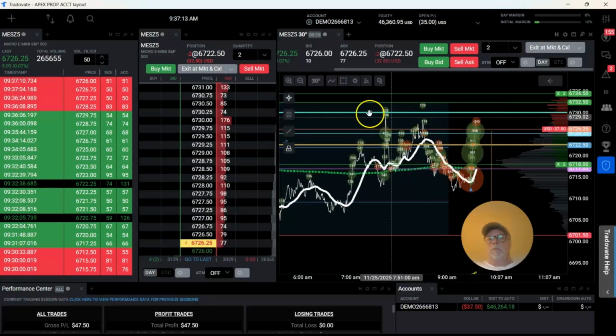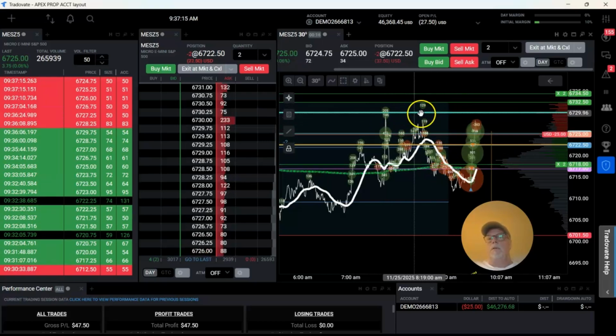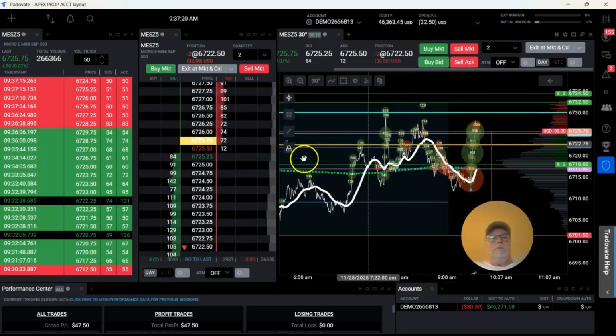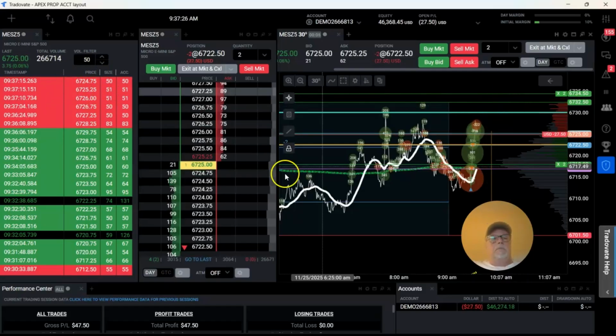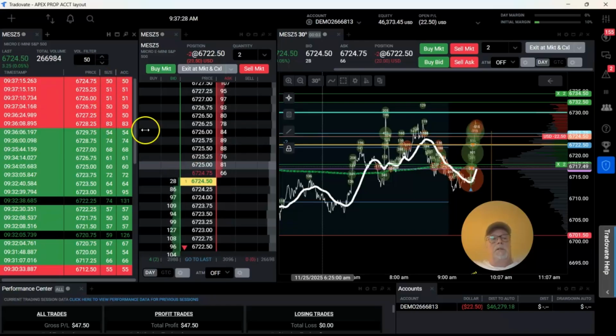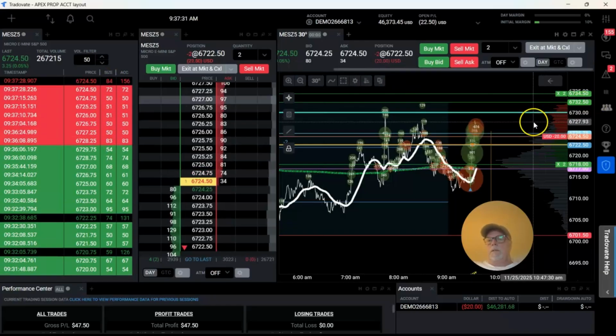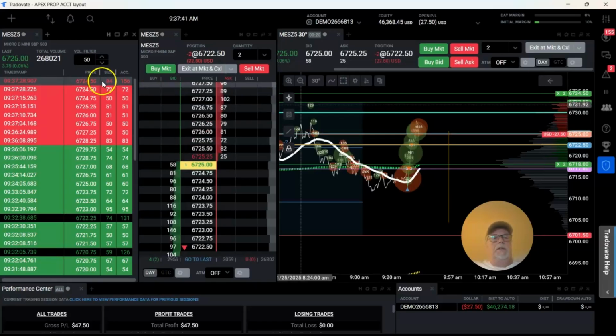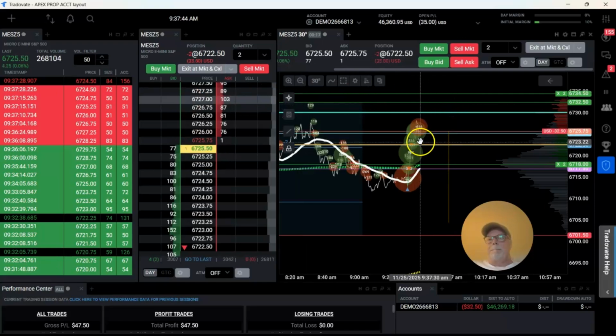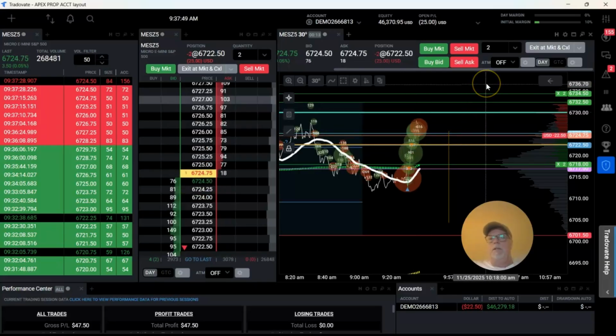So we don't have a lot of interest above this, do we? Sellers coming in. Boom, boom, boom. That's big money because it's all the same size. See if they're successful. A little absorption there. Some buyers sitting right there, willing to pay a higher price.